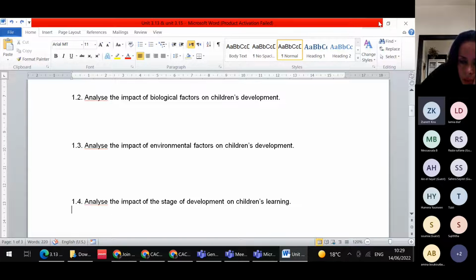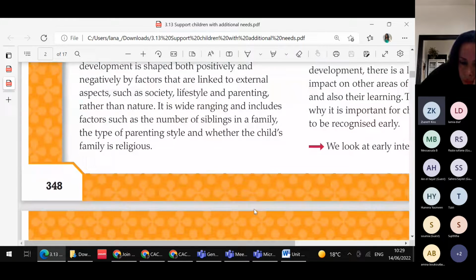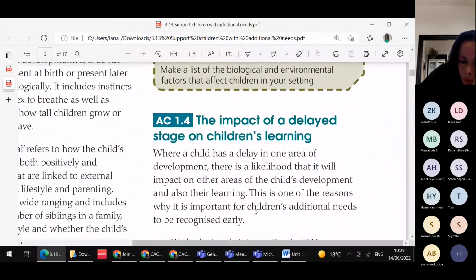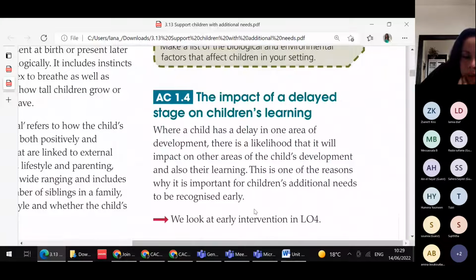Analyze the impact of stage of development. Can you tell me what's the impact of a delayed stage of child learning on the child development? So what's this impact on the child if he's not developing as he should be?